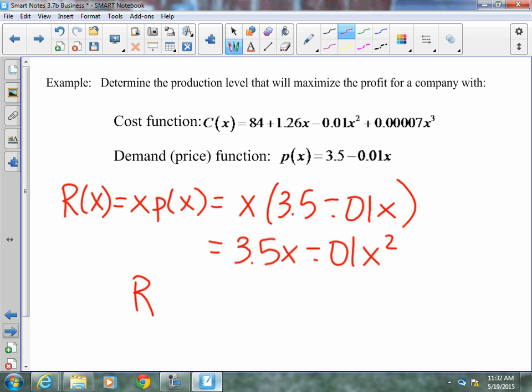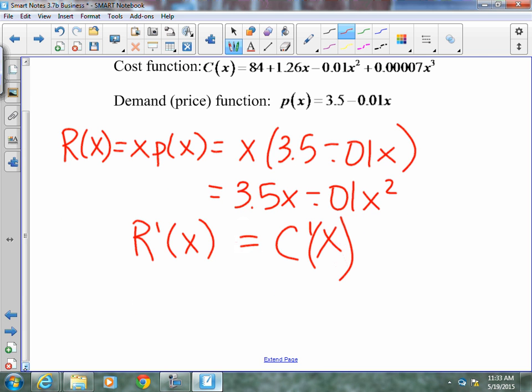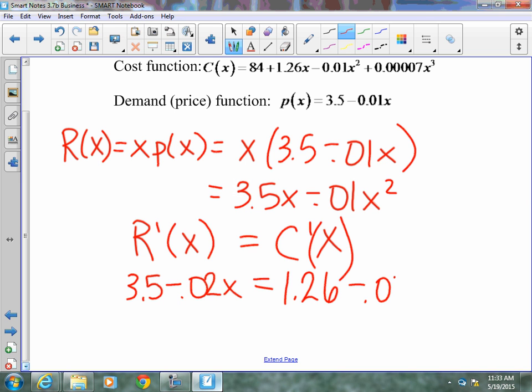To find maximum profit, we need marginal revenue equal to marginal cost. So, marginal revenue is going to be 3.5 minus 0.02x. Marginal cost is 1.26 minus 0.02x plus 0.00021x squared.